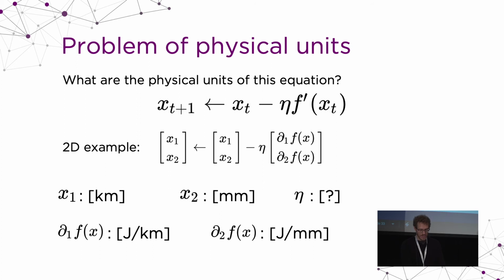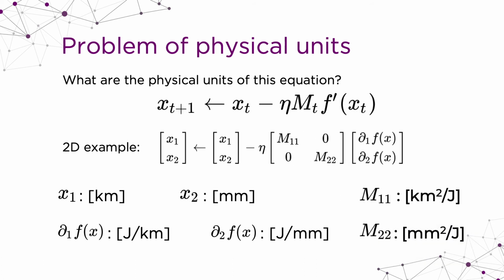So eta must convert the units of these two quantities into something that is compatible for these two quantities. I'm just studying the physical units of this algorithm. To do so, I can just add one matrix in front of my gradient that I will name M_t. I will take it as a diagonal matrix because it's enough to have the good physical units. M11 I will interpret to be kilometers squared per joule, and M22 will be millimeters squared per joule.